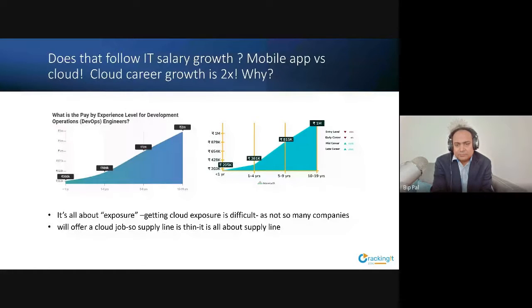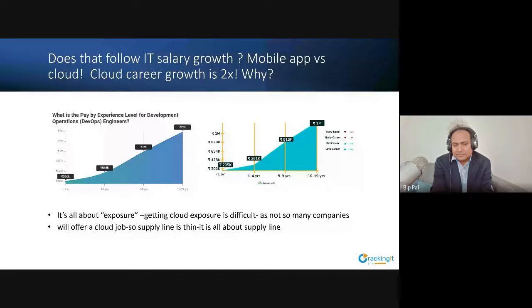If you look at both curves after 10 years, you can clearly see that DevOps people, at the initial career, will probably be paid 50% more, whereas after certain experience they're going to be almost 2 times more.